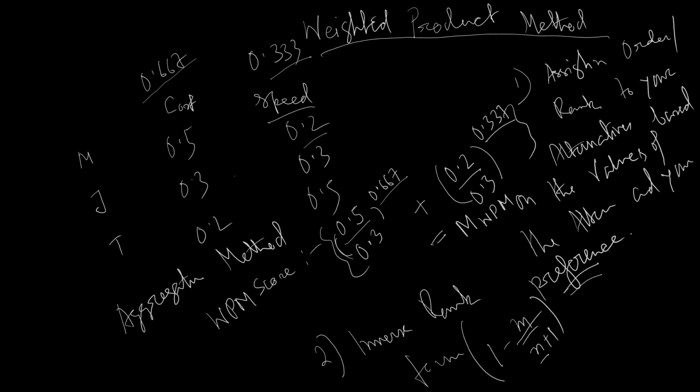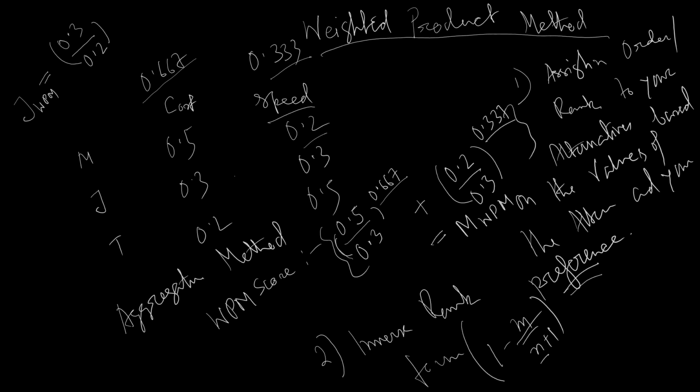In a similar manner, we'll find the WPM score of Jaguar. How? The WPM score of Jaguar can be found by taking 0.3, the value of Jaguar for cost, in the numerator, and the value of Toyota in the denominator.